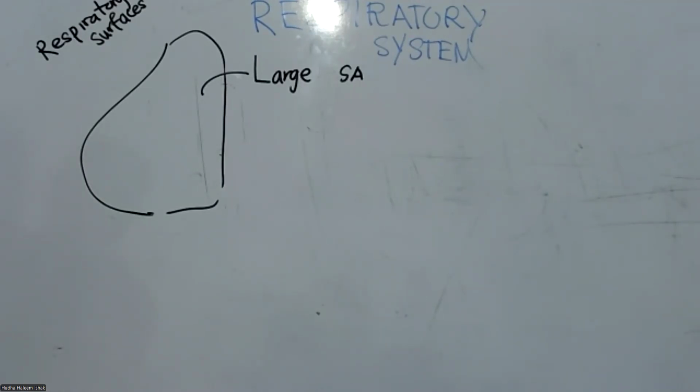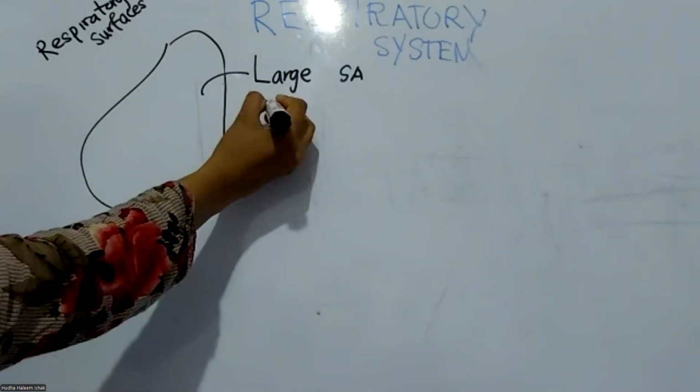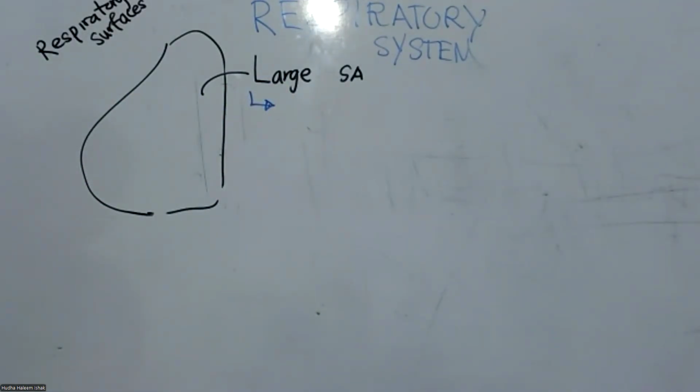When we are exercising or running, we require more oxygen, right? When we are just sleeping, we don't need that much oxygen. So according to the organism's need, these surfaces should absorb a sufficient volume of gas. To obtain that, a large surface area is required. So why do we need a large surface area? Because of what?